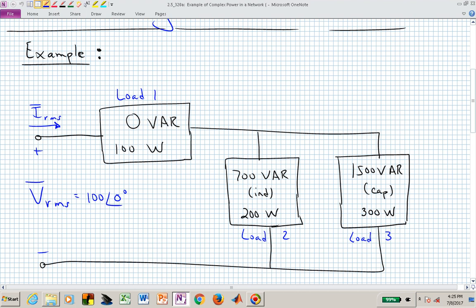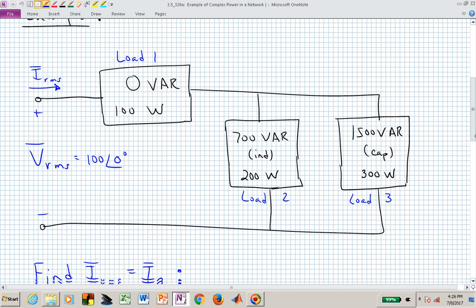It's inductive, so the Q would be positive in load 2. And in load 3, you have a capacitive load with a reactive power of 1500 VARs and a real power of 300 watts.